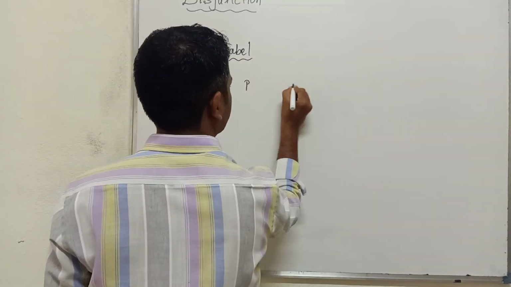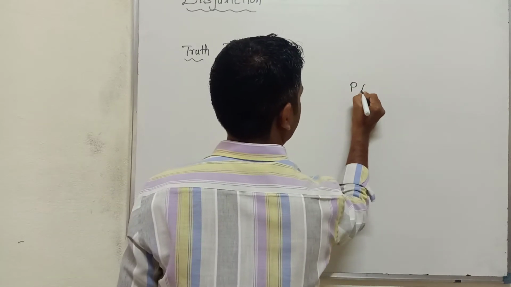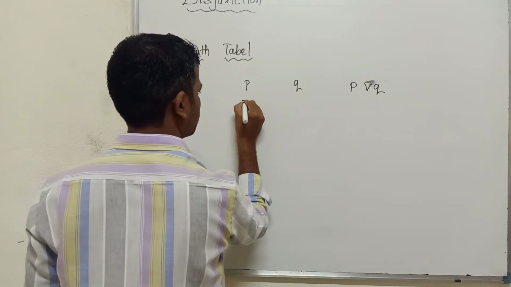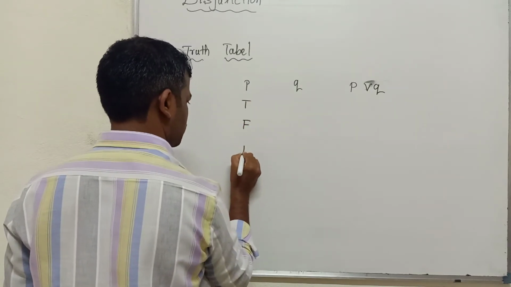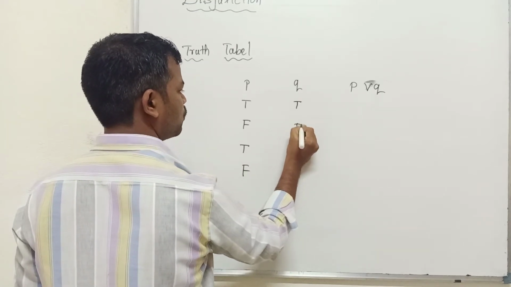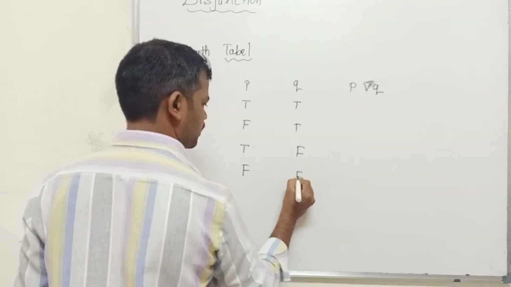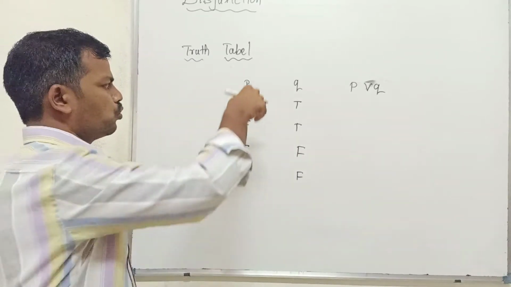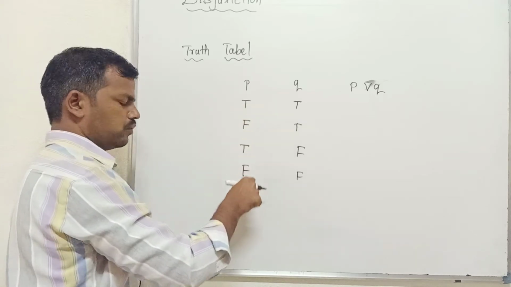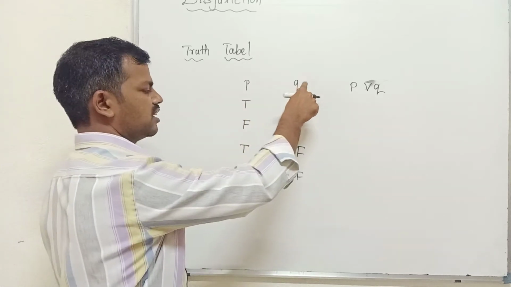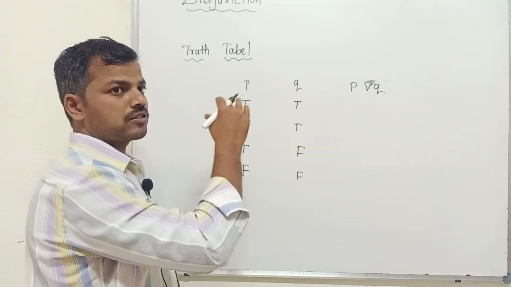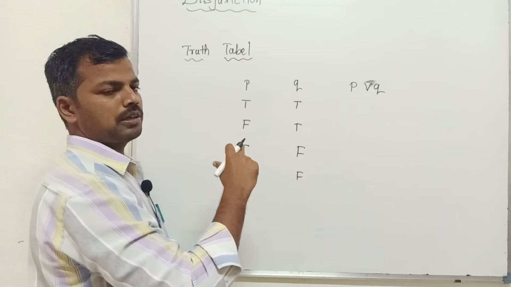So P, Q, P or Q. For the first statement we take true, false, true, false. For the second statement true, true, false, false. Like this we have to construct any truth table for the given compound statement.